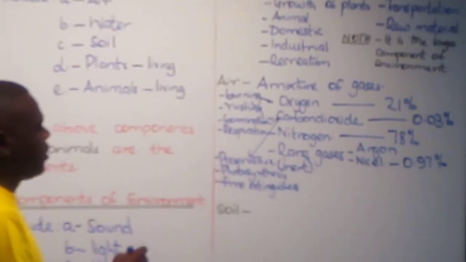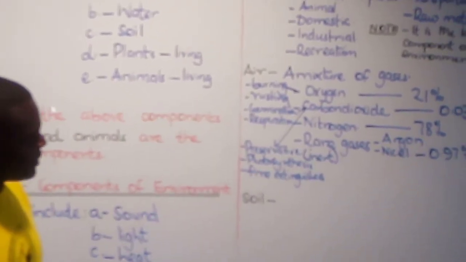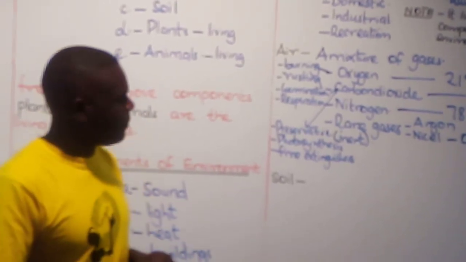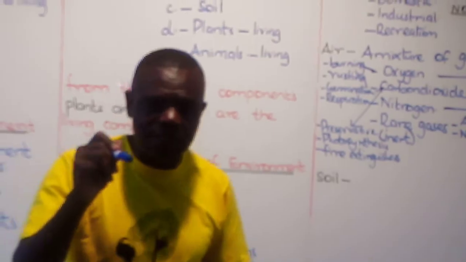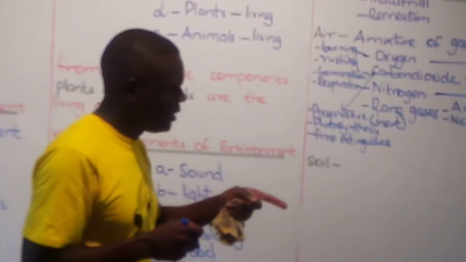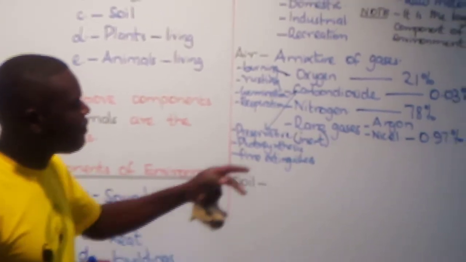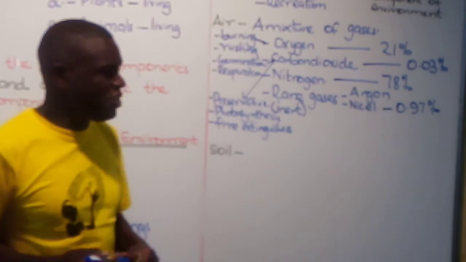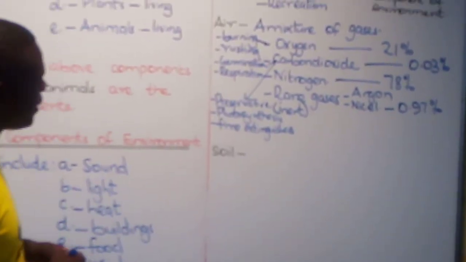So we will go on with the details about these gases. Nitrogen is good for fixing bacteria. It's good for fixing proteins in the soil, and for making fertilizer, nitrogenous fertilizers. Rare gases are used in bulbs and fluorescent tubes. Yes, those are very important parts of the environment.